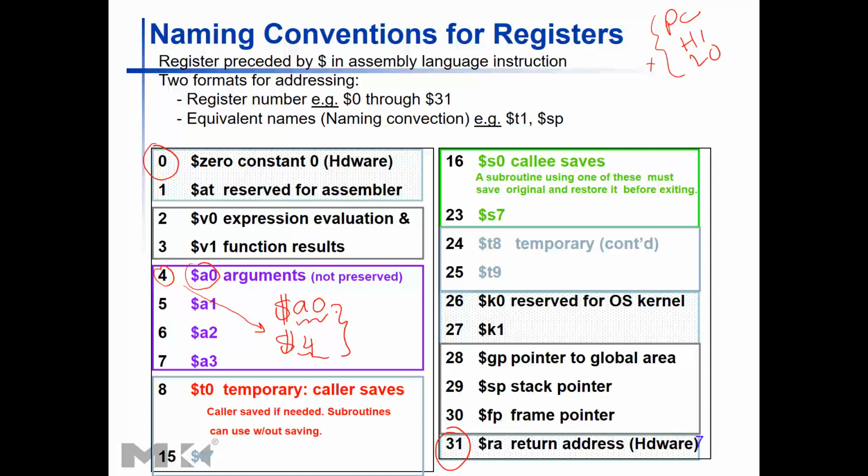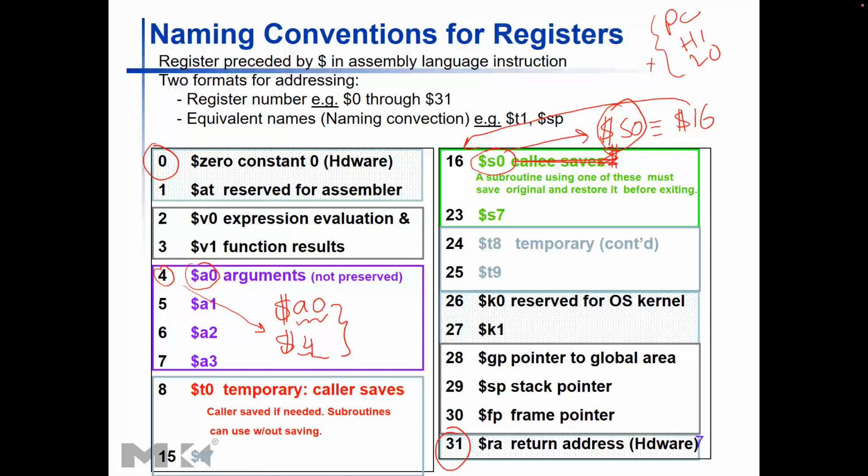Okay, take for example register s0. I can say s0, or I can say $16. Both are equivalent. But people like to use the naming because it's easier to deal with names and aliases rather than remember and memorize numbers.